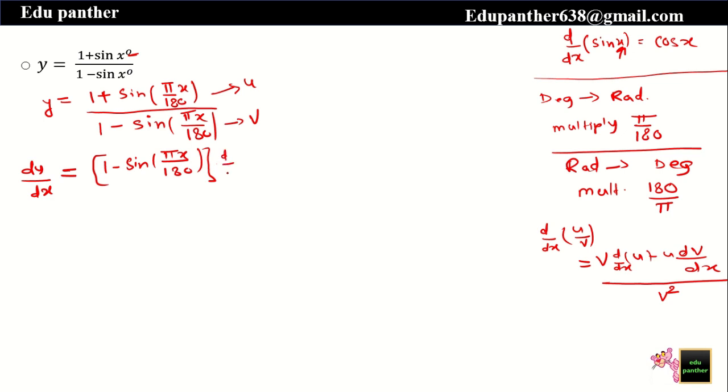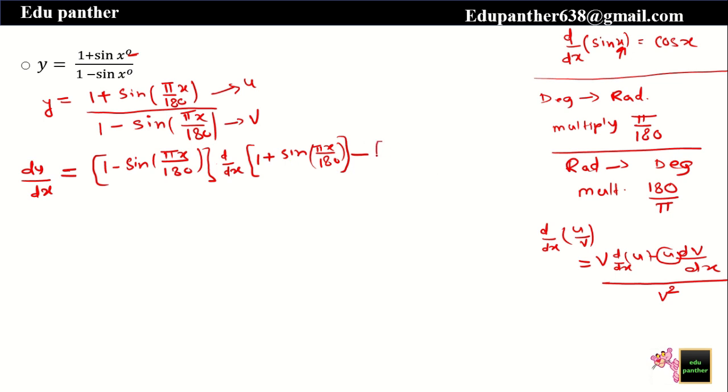So into derivative means d by dx of u. So u means 1 plus sine pi x upon 180. So this is your first term minus, so next term is u into derivative of v.